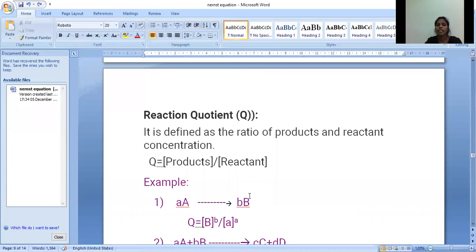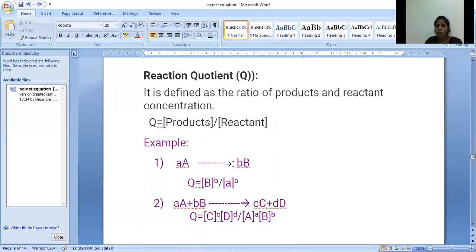So now let us see the reaction quotient or the equilibrium constant. Already I explained to you that it is the products' concentration divided by the reactants' concentration. But again, I'm giving this definition along with examples. Reaction quotient is defined as the ratio of the products' and the reactants' concentration. So reaction quotient or equilibrium constant, both are the same.